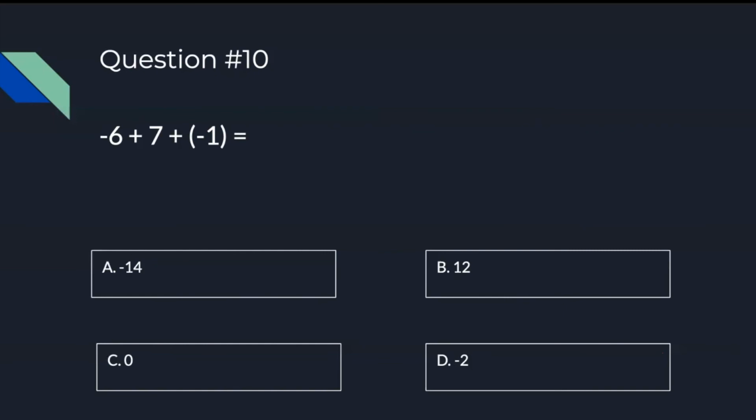Kaden, not quite. Try again. Claire as well. Give it another try. Look at the signs very closely, right? Pay attention to the signs. It's -6 plus 7 and then plus -1. So you have to be careful here.